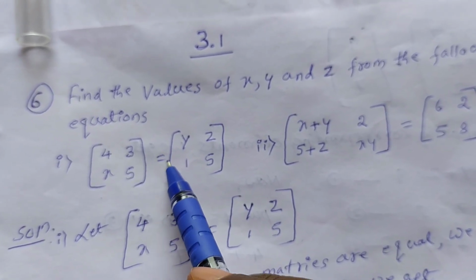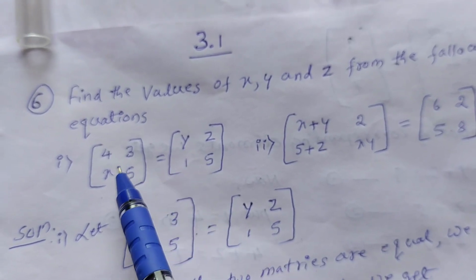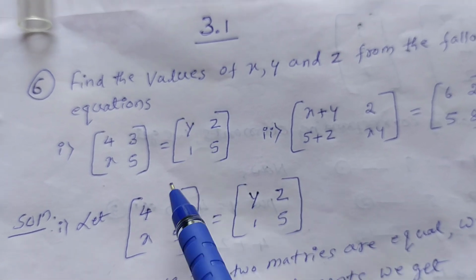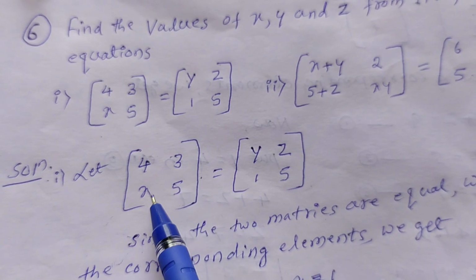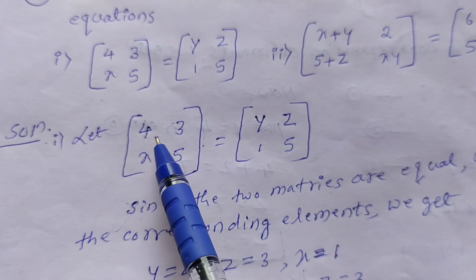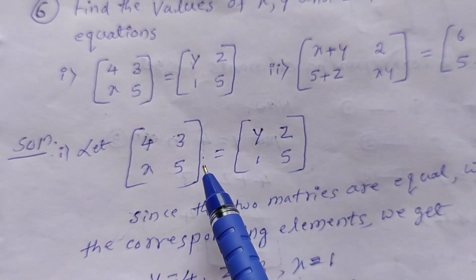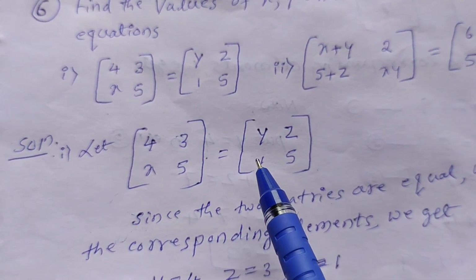Equal means the corresponding elements are equal. So here, let matrix [4 3; x 5] equal [y z; 1 5]. These are two matrices having the same order, 2 cross 2.